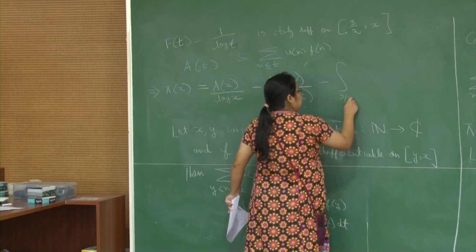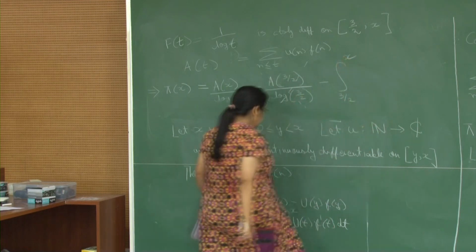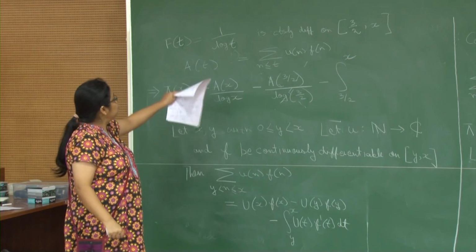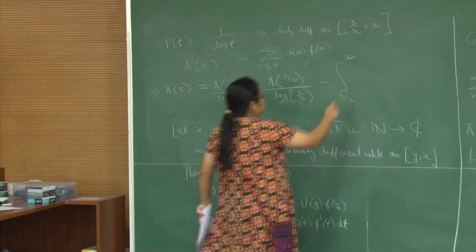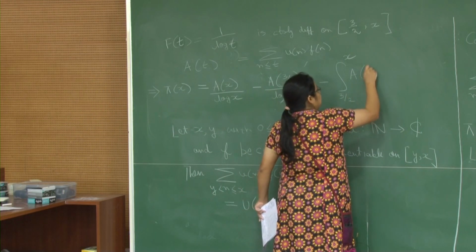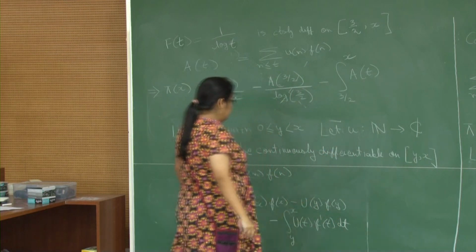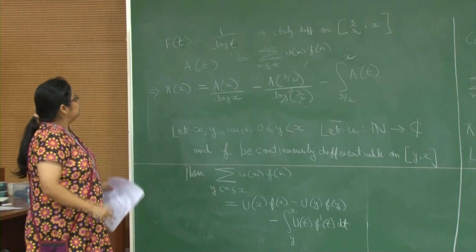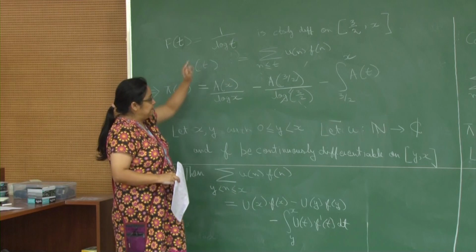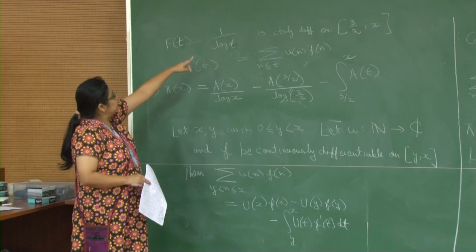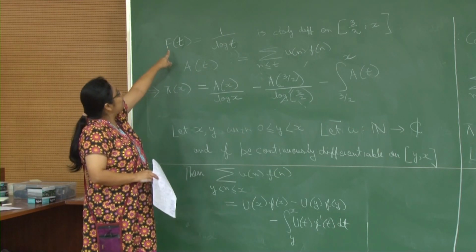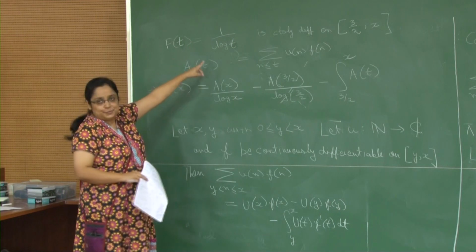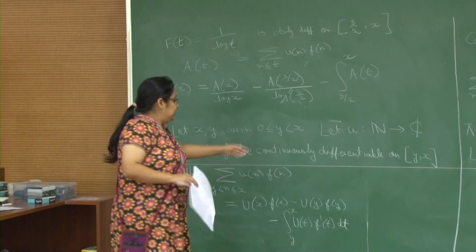Minus the integral from 3 by 2 to x of capital U of t, which is capital A of t in this particular example, times capital F prime of t. What is the derivative capital F prime of t? I am sure you can find the derivative of this.